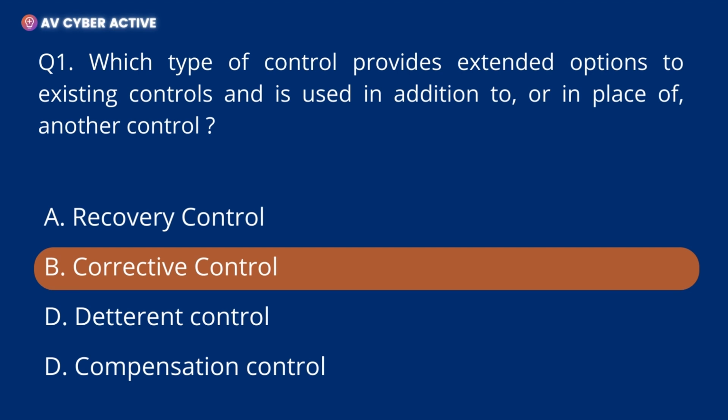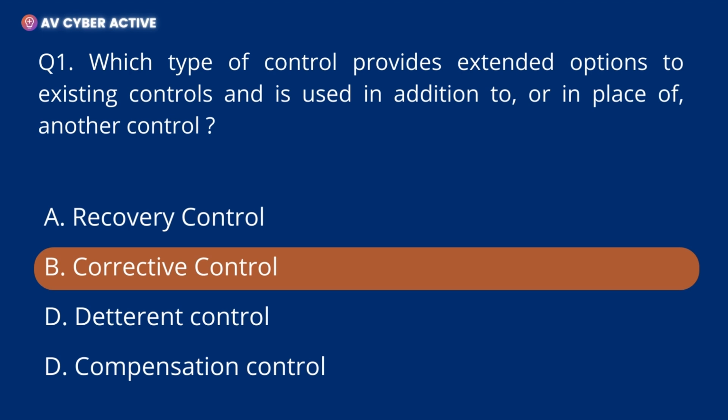For example, if there was an incident in your environment and you took some measures to have it corrected, that's corrective control. But does that apply in the context of this question? No, I don't think so. Let's move ahead to the next one.